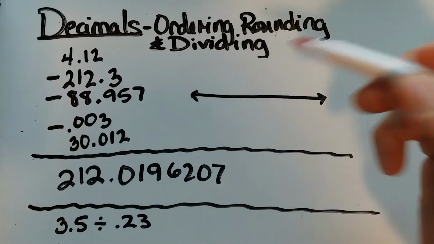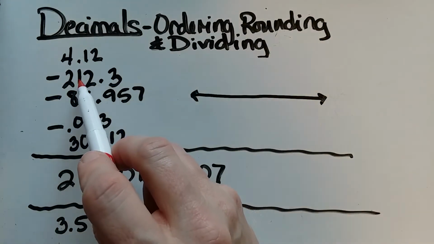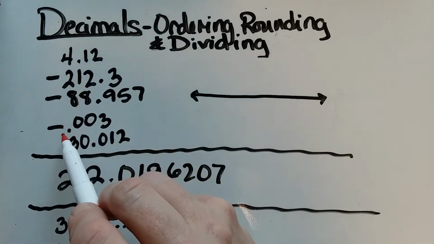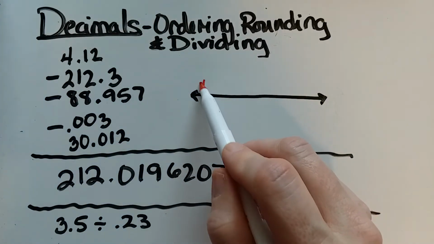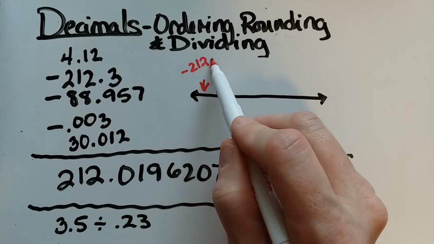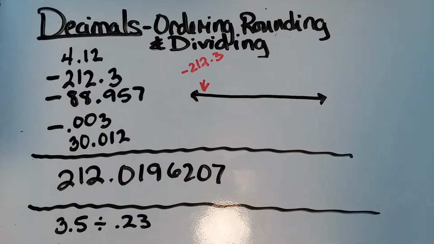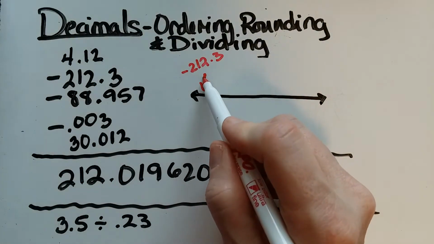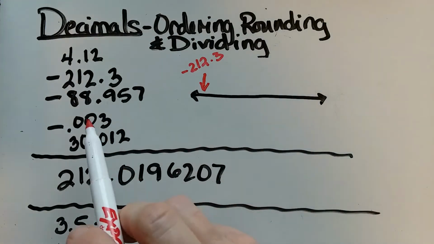Negative 212 is more negative than 88 or 0. So the very lowest number that we have here, just right off the bat, is negative 212.3. That is the most negative. It is the farthest left of all of the numbers on the number line.